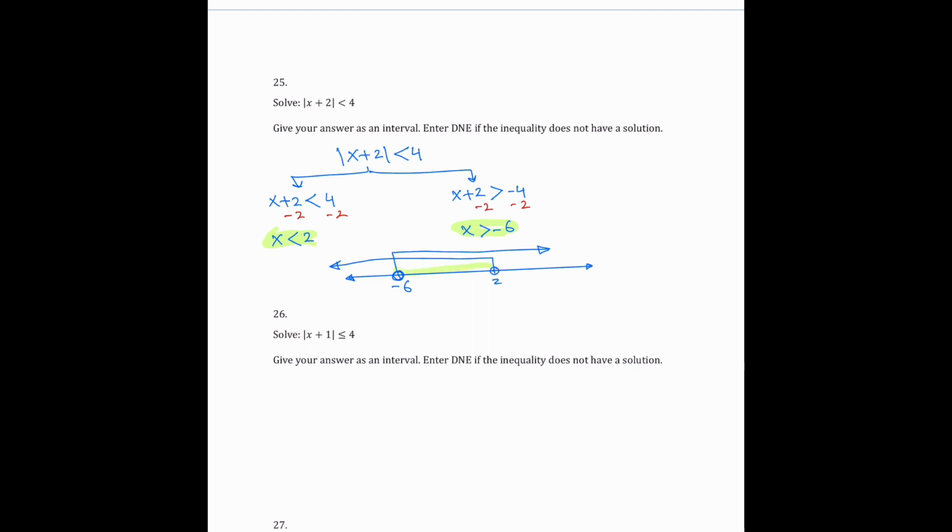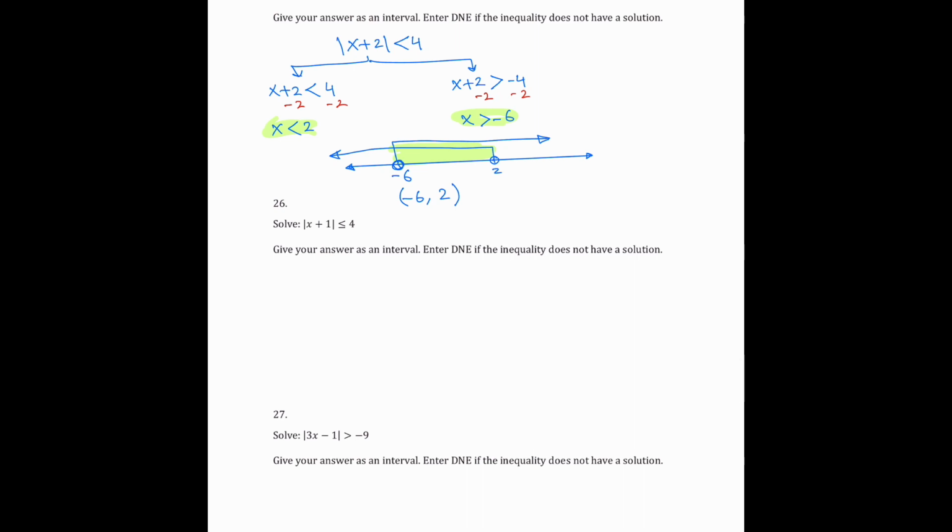So now the answer is the intersection between the two, which means it is all of the numbers from negative 6 open all the way to 2 open on both sides, which means neither negative 6 nor 2 are included. So that is question number 25.